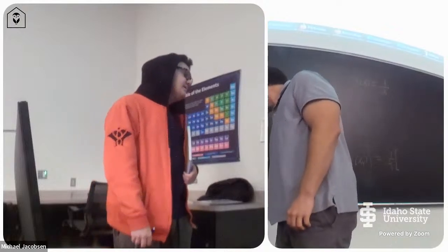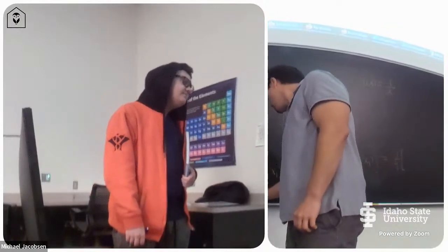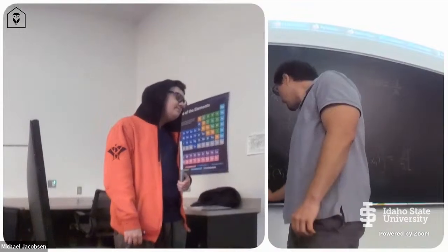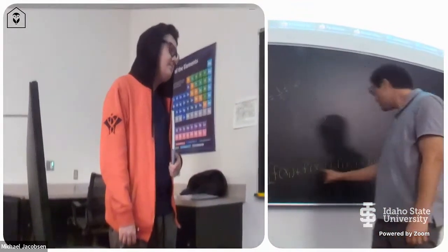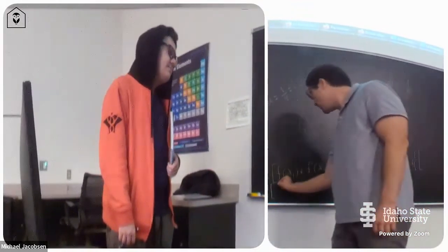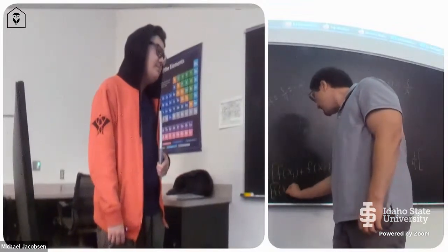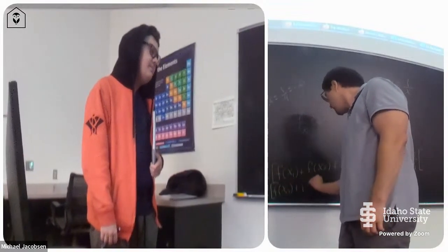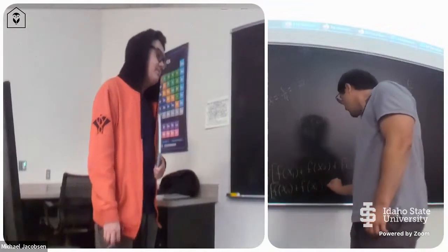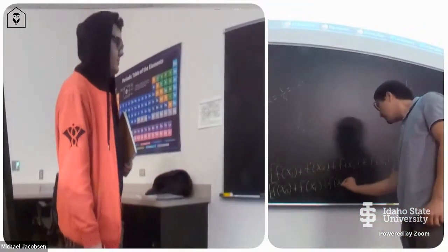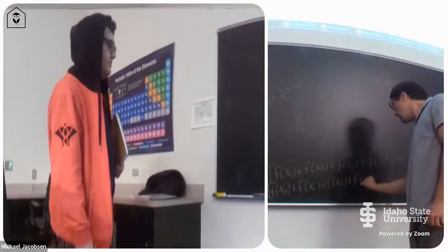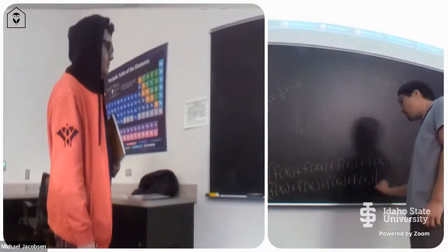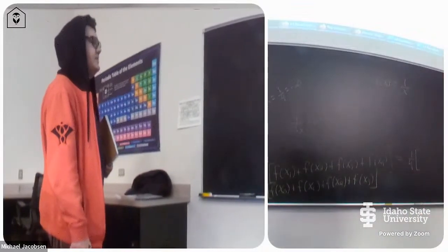Left endpoints with 4 rectangles goes delta x to start, and then these are the right endpoints. The left endpoints go f at x naught, f at x1, f at x2, f at x3, that's all 4, and so that's the calculation for left endpoints.